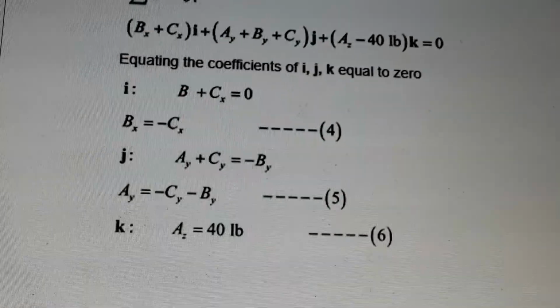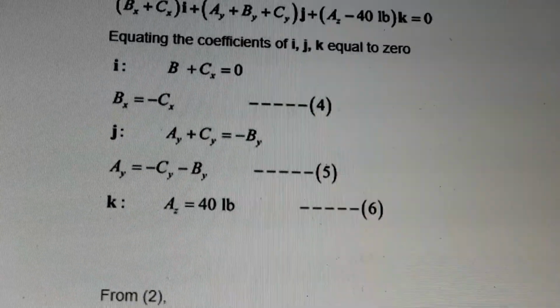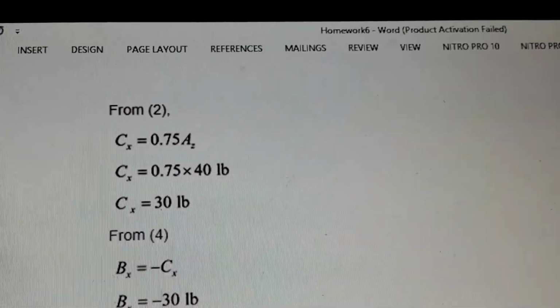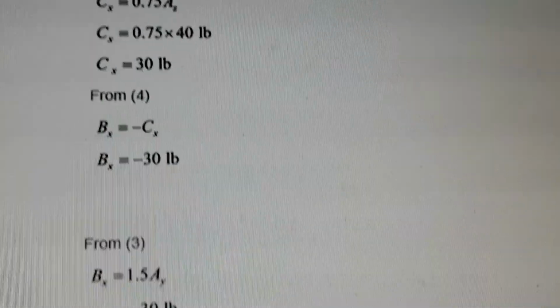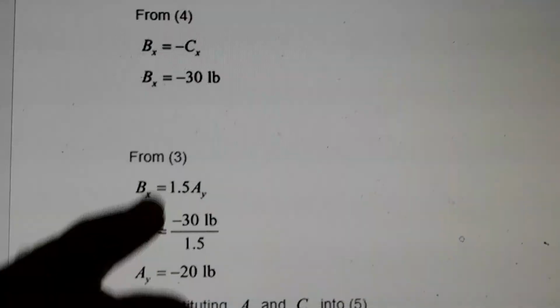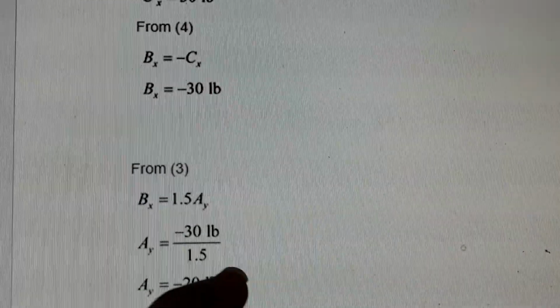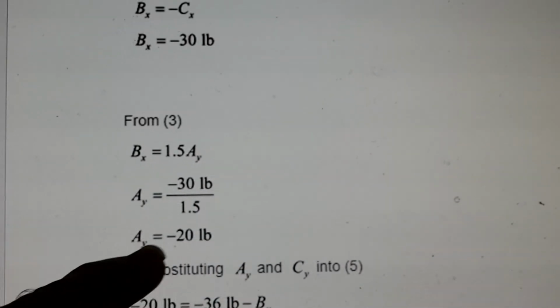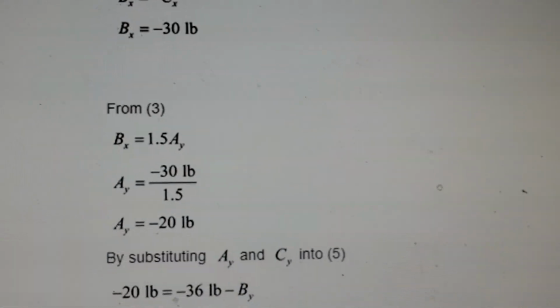And then from equation 4, since we just found CX, we could find BX. So BX is equal to minus 30 pounds. And from equation 3, you can see that BX is equal to 1.5 AY. We just found BX here, so AY will be minus 30 over 1.5. AY is equal to minus 20 pounds.